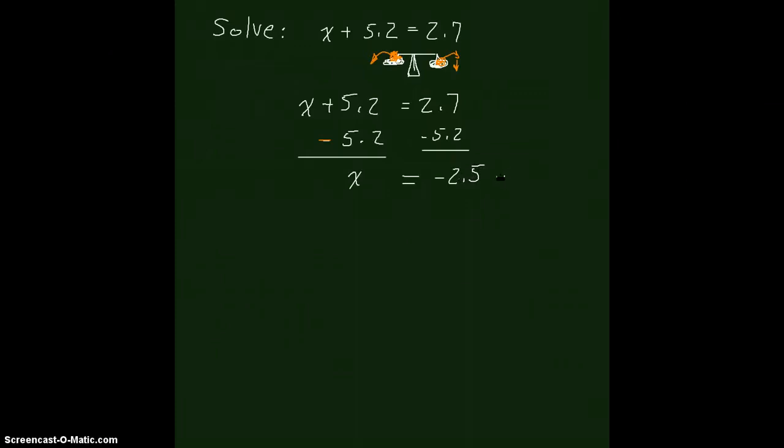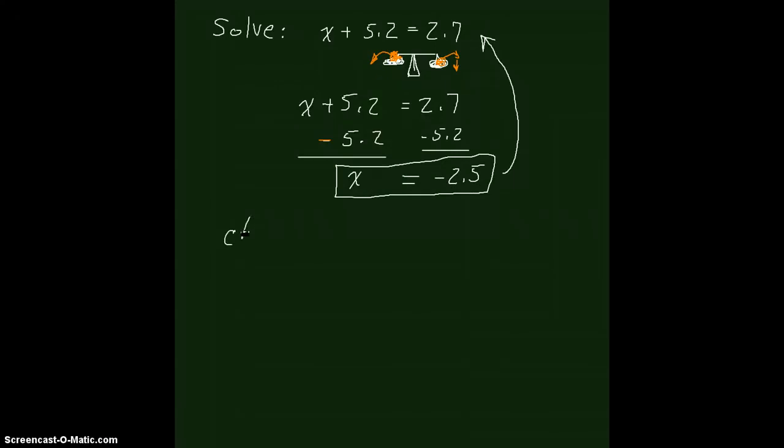All right, we say that this equation, x equals minus 2.5, is equivalent to our starting equation. Or my solution to the equation is x equals, or it's true, when x is equal to minus 2.5.